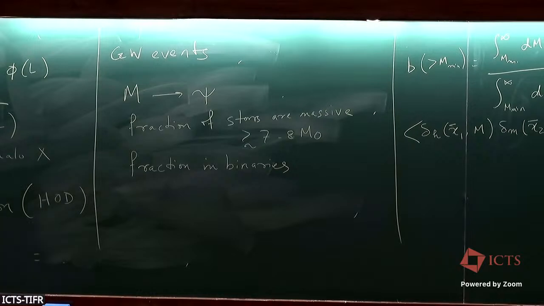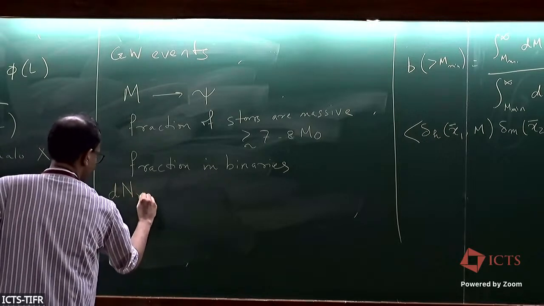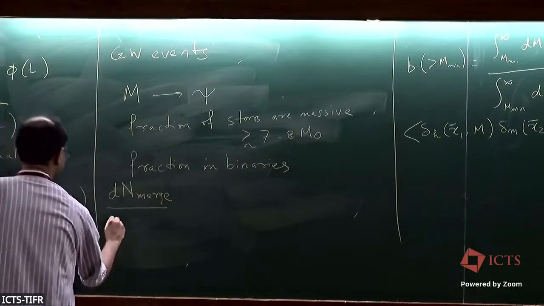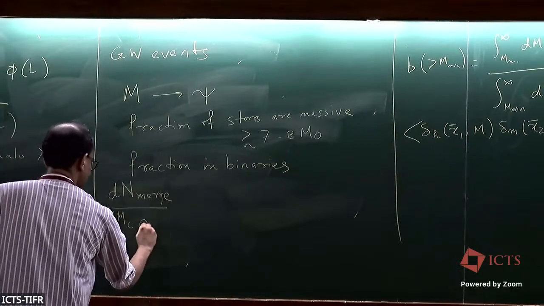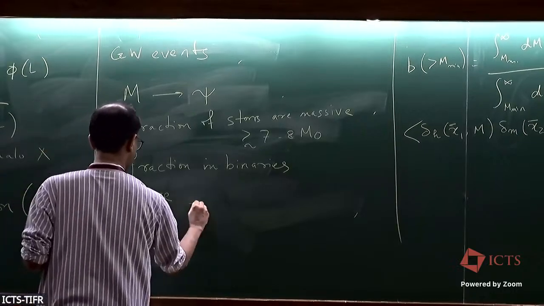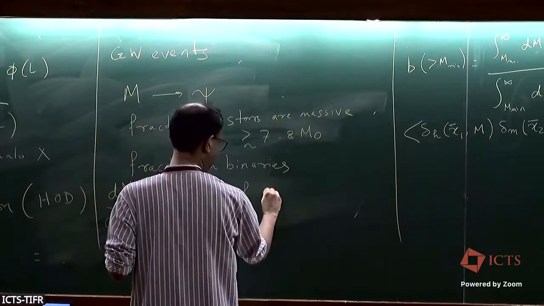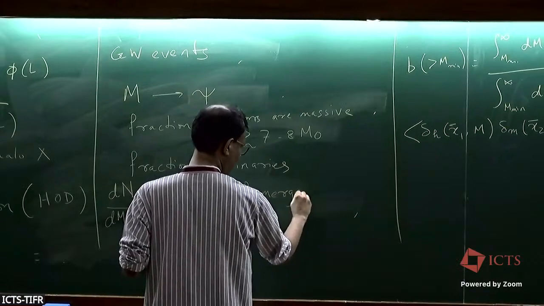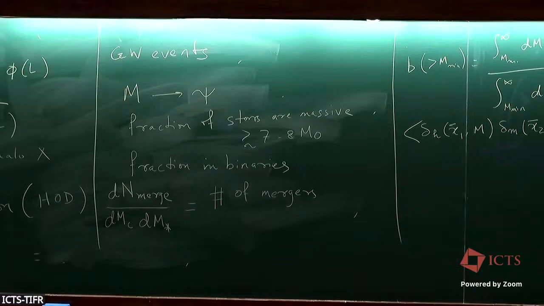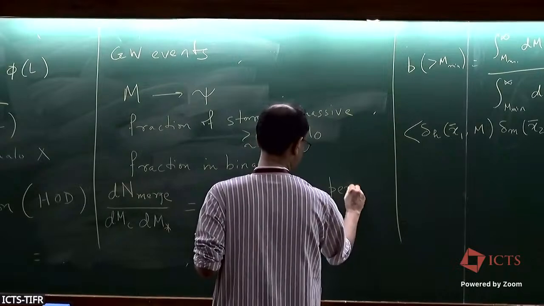So let us take this quantity dN_merge/dM_c dM_star. This I am calling the number of mergers. These are mergers of these compact objects which will give you gravitational wave events. Don't confuse it with the merger of halos which we were talking about in the morning.